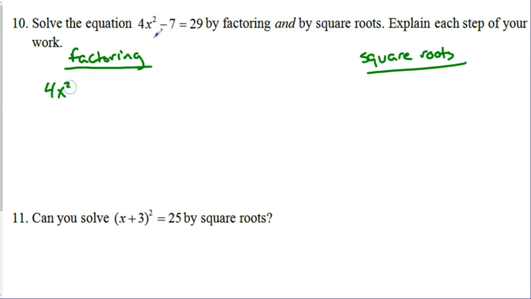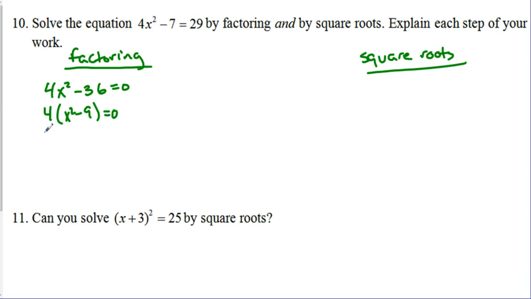So for factoring, I want to get all the terms on the left side. I want to get it into what's called standard form. So I'm going to subtract 29, and I get minus 36. We said anytime we have factoring, we want to take out a GCF first. I have a 4 here. Okay.